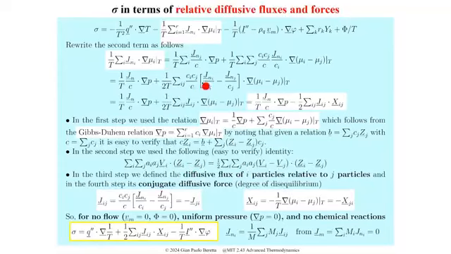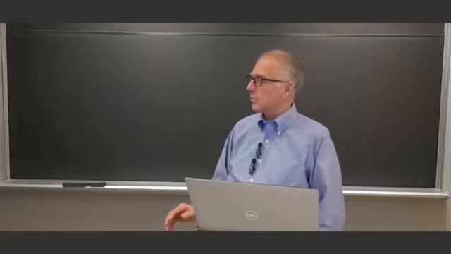So now we have this nice expression, a double summation, but it has a number of zero elements, because it's all written in terms of differences between fluxes and differences between chemical potentials, which also has the advantage that it makes it reference frame independent.